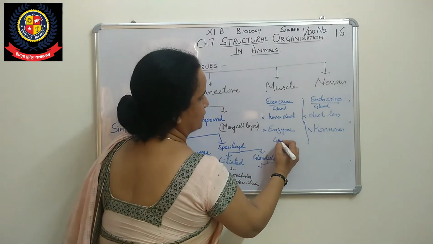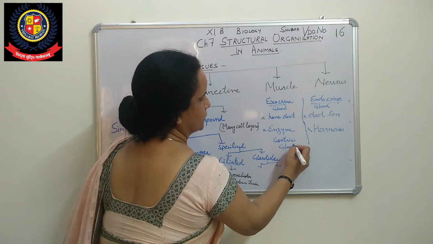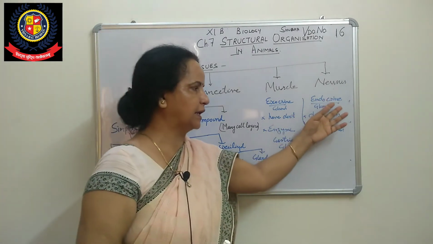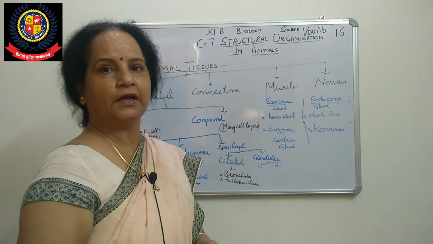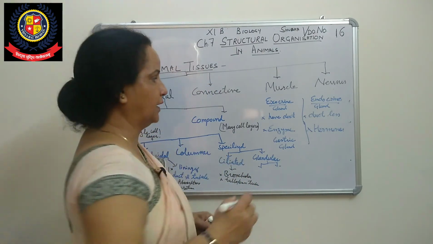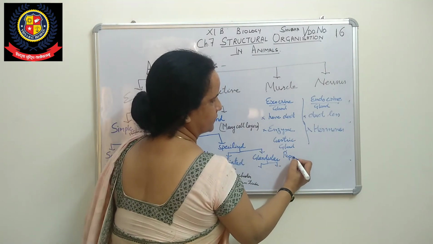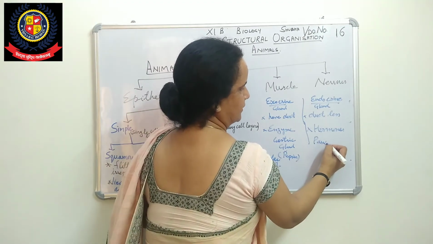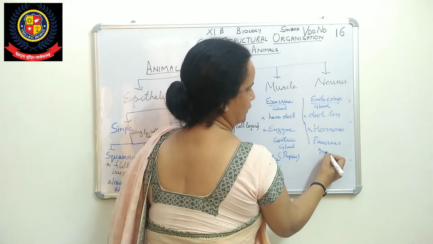Gastric glands secrete the enzyme pepsin, and the pancreas secretes the hormone insulin.